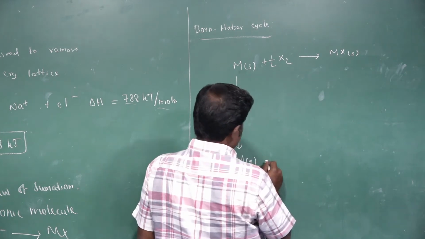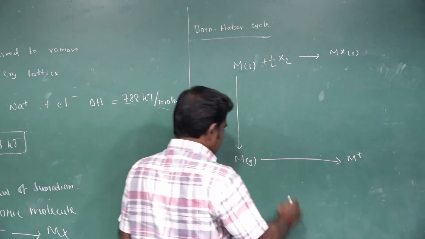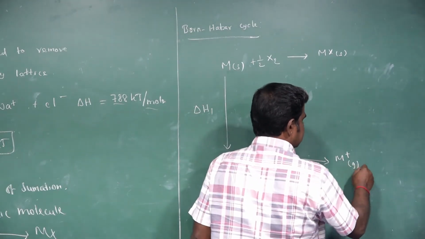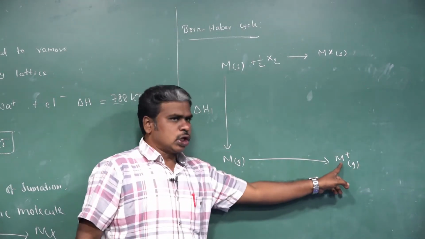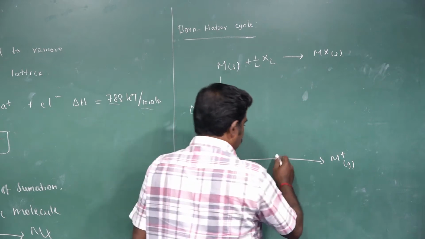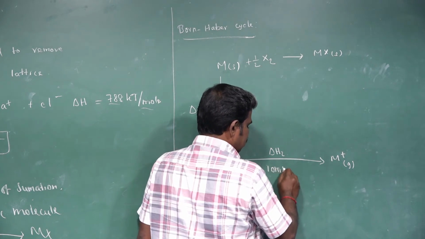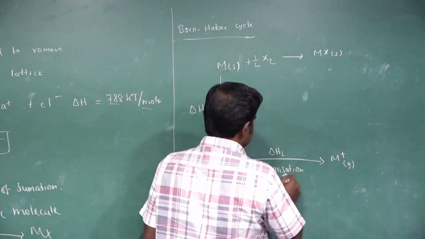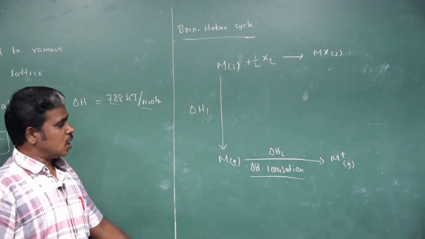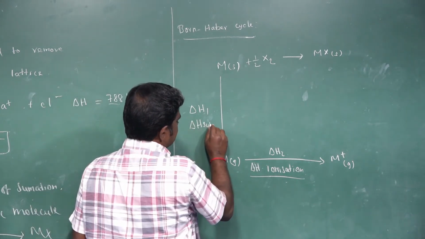Now the metal is converted into M plus in the gaseous state by loss of electron, and the process is known as ionization. We take delta H2 as the enthalpy of ionization.